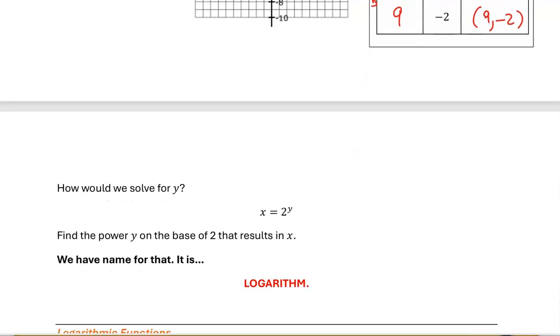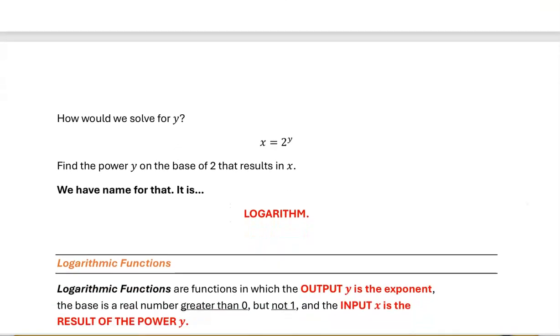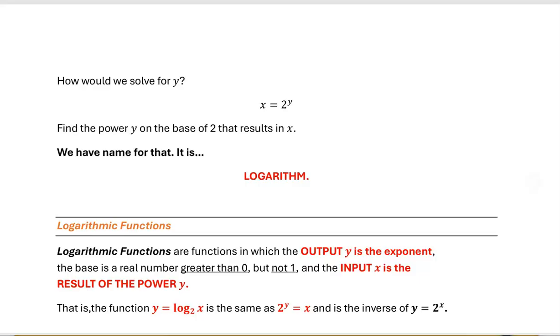Okay, let's finish out the talk of graphing here with this question. So how would we take this inverse equation where we took y equals 2 to the x and we interchanged x and y? Now it's x equals 2 to the y. That's the inverse. To solve for y, that'd be kind of tricky.